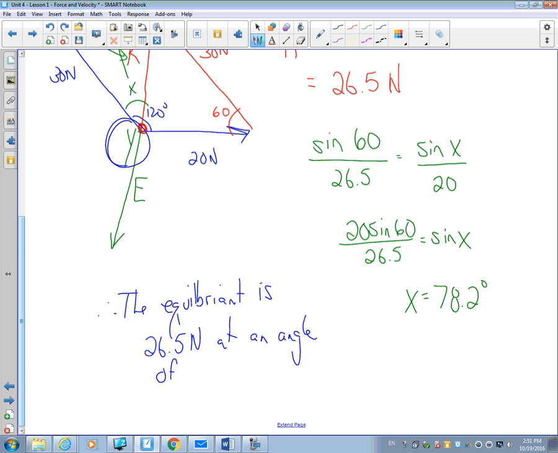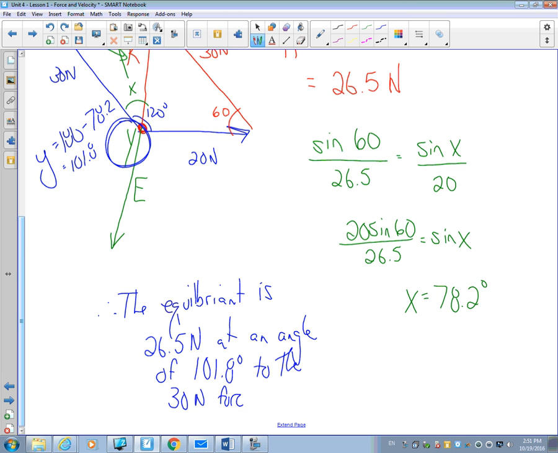This angle right here. And so y equals 180 minus x. We said x is 78.2, so 101.8 degrees to the 30 Newton force.